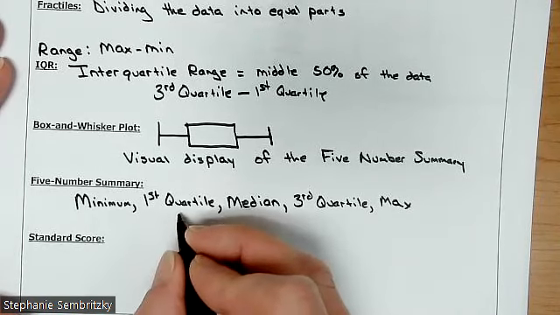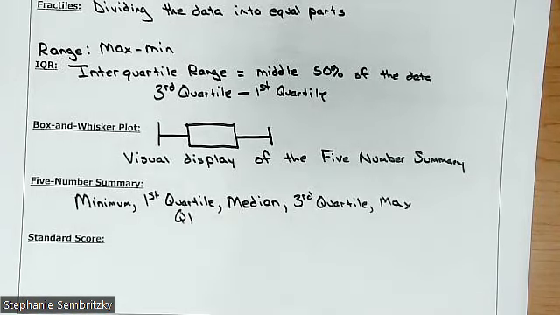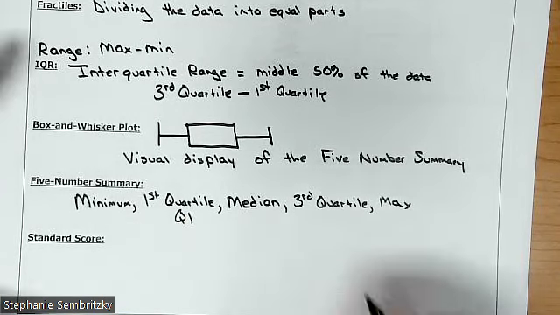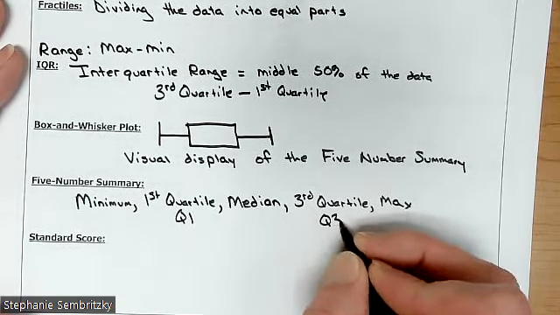So this is abbreviated a lot of times as Q1. First quartile, Q1. Third quartile would be Q3.